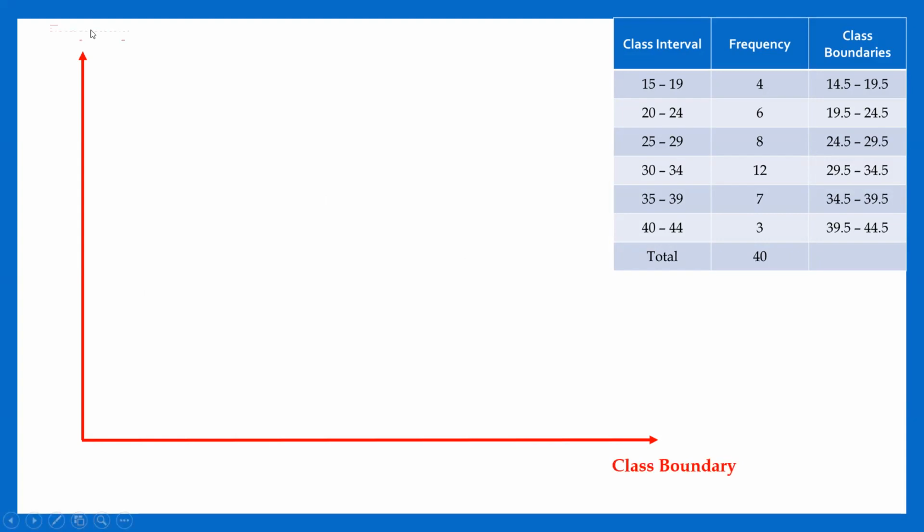Then we mark the class boundaries. They start at 14.5, 19.5, 24.5, like that. Here are the class boundaries. Then we can mark the class frequencies also.